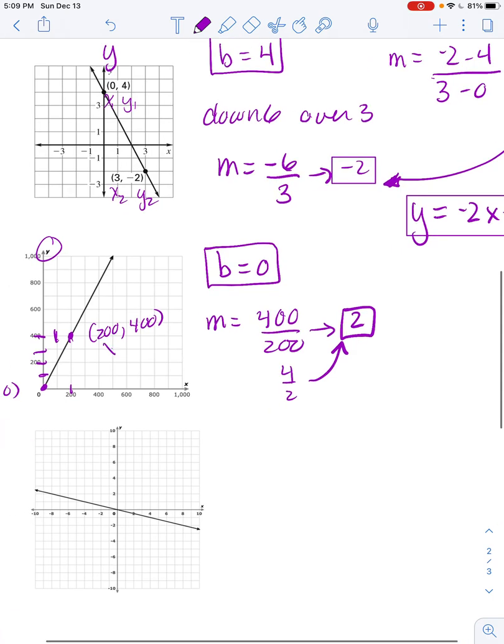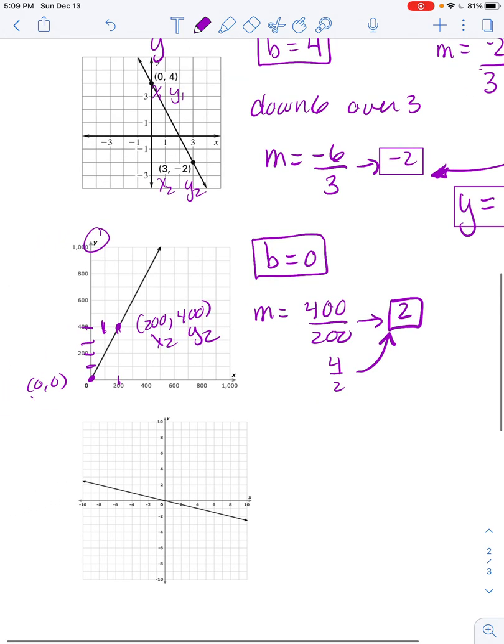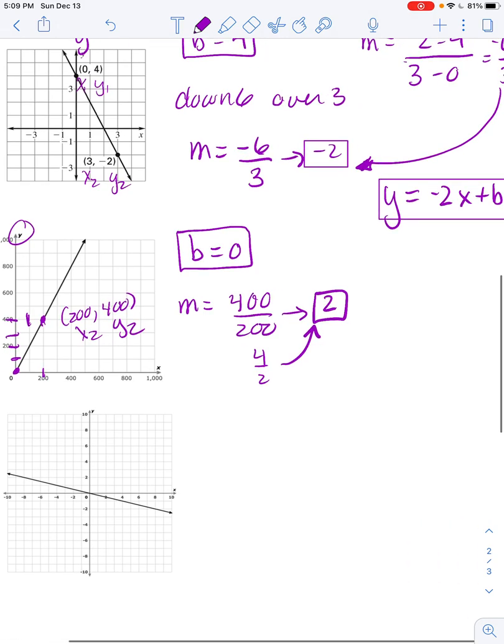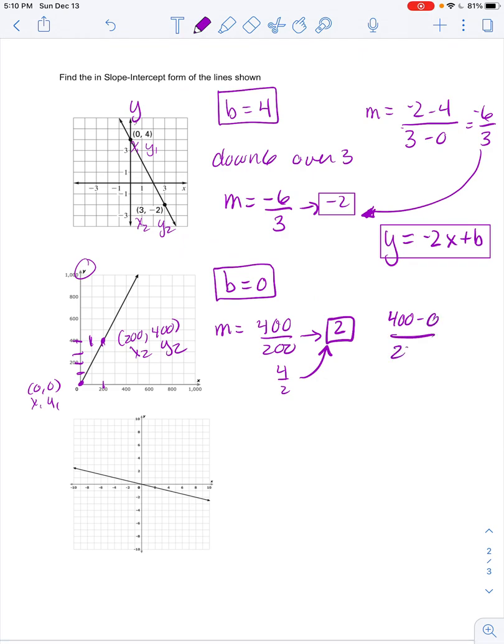If I had done my slope formula using those points, y2 minus y1 over x2 minus x1, I would have gotten 400 over 200, and I would have gotten 2. So whatever way makes the most sense to you, and then I would write y equals 2x plus 0, but honestly, writing plus 0 doesn't make any sense because adding nothing is adding nothing. So I would just write y equals 2x.